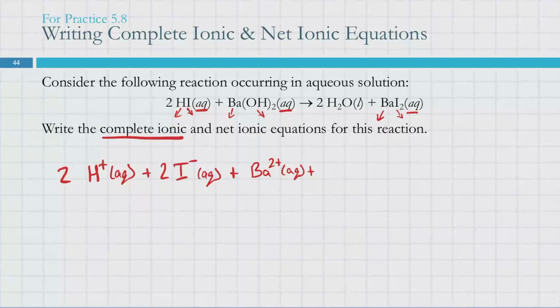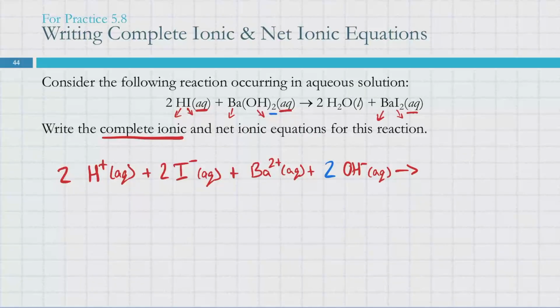And we've got hydroxide. How many hydroxides do we have? 2 hydroxides. So 2 OH minus AQ. And that's our reactant side.